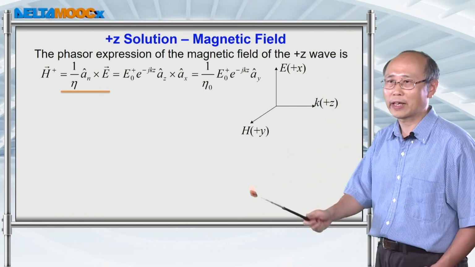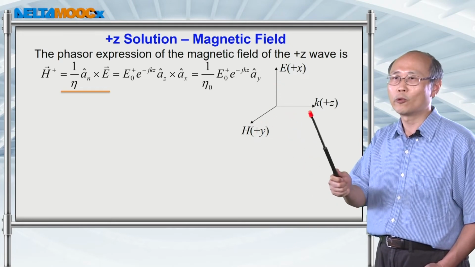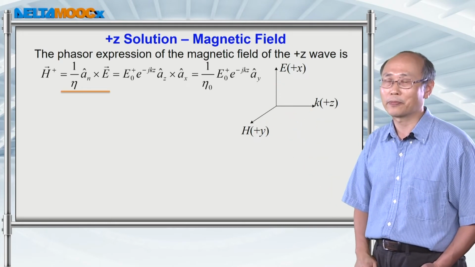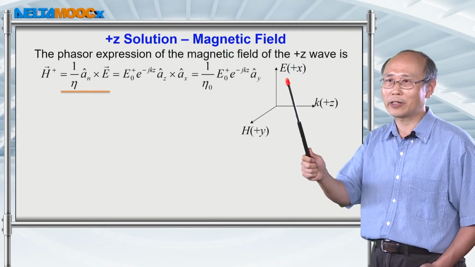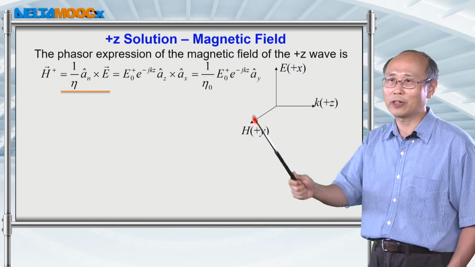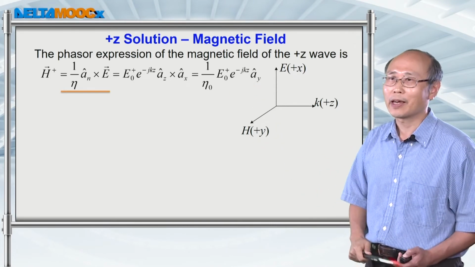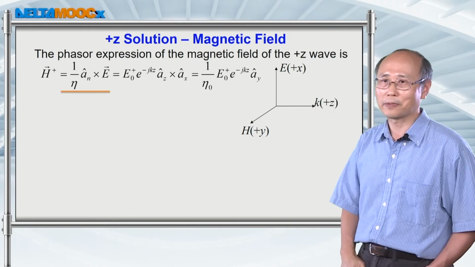And now we can construct the directions for the electric field and magnetic field with respect to the wavefront direction. So electric field starts with the direction along x direction, and we just derived the magnetic field along y direction, and the propagation direction of the wavefront is along z direction.